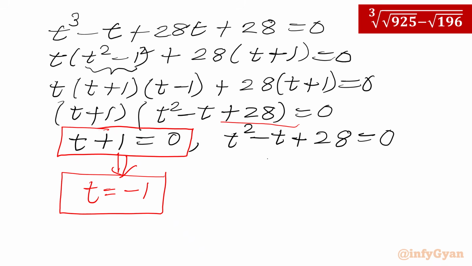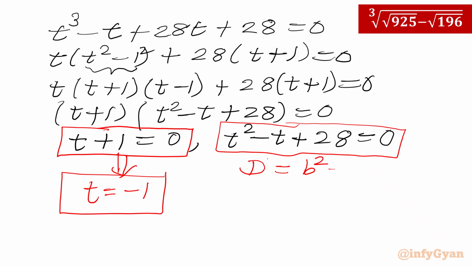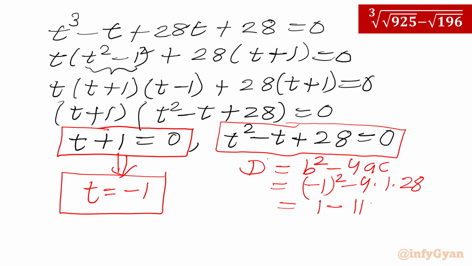Now we have one quadratic equation. Here we will check discriminant first. So d is equal to b square minus 4ac. b square will be minus 1 square minus 4 times 1 times 28, which will be equal to 1 minus 112.